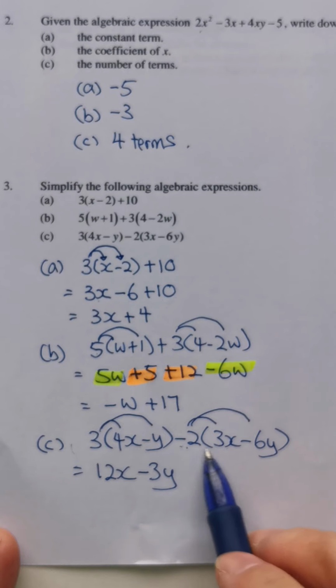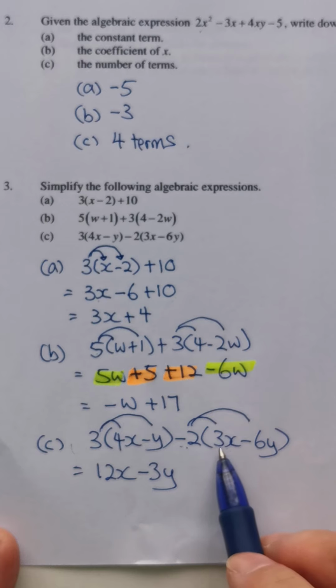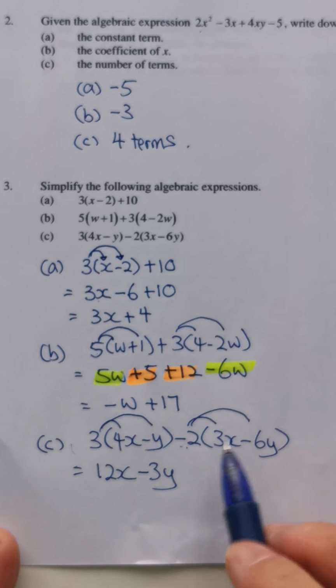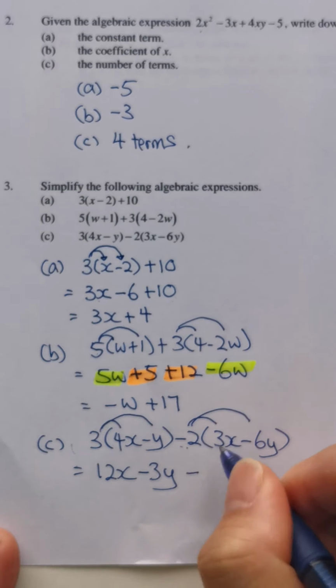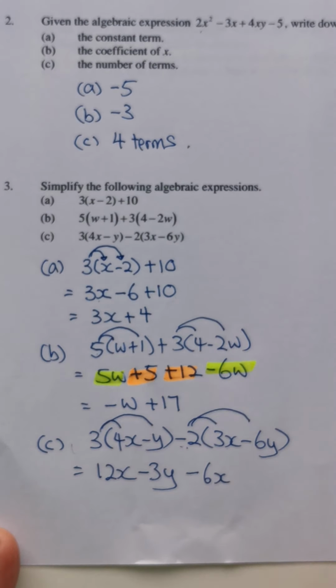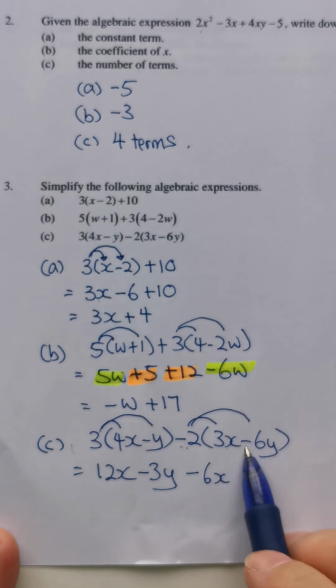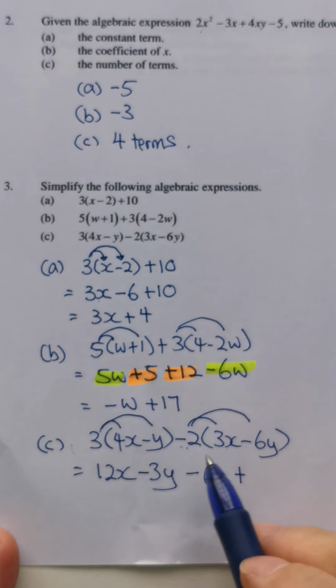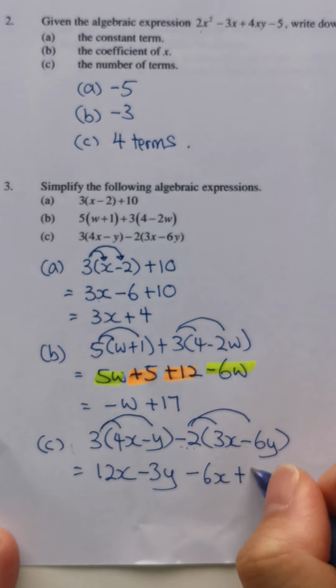So we are going to open out the brackets. This one is a positive, so we need to change it to a negative. So 2 times 3x, I have -6x. This is a negative, so we need to change it to a positive. 2 times 6y will give me 12y.